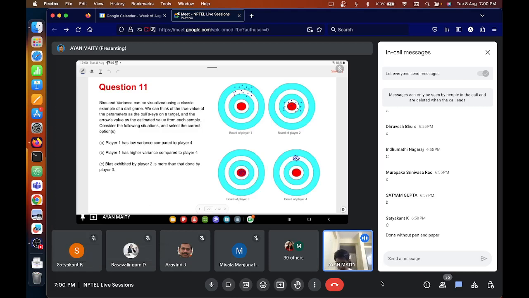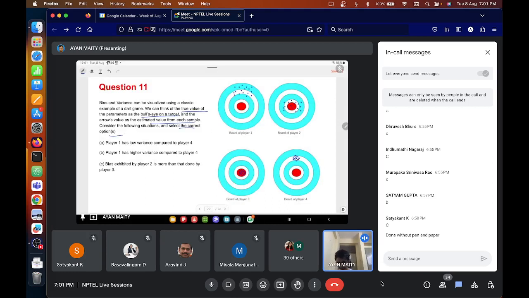Bias and variance can be visualized using a classic example of a dart game. Four dart boards are given for four different players on the right-hand side of this slide. We can think of the true value of the parameter as the bullseye on a target, and the arrow's value as the estimated value from each sample. Consider the following situations and select the correct options.